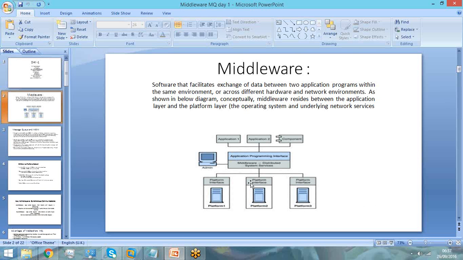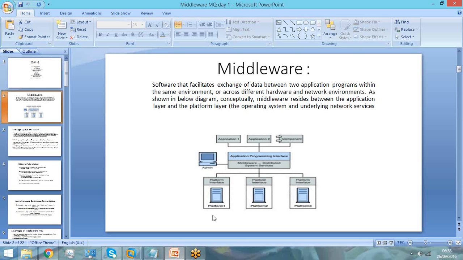Middleware is a program or software that comes in between your application and your underlying operating system or underlying network. Network is when an application has to communicate with another application outside.